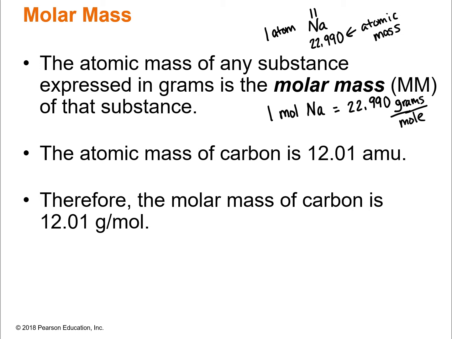That's molar mass. The other example I have on here is carbon. So if your atomic mass for carbon is 12.01, the molar mass of carbon is 12.01 grams per mole. Does that concept make sense of molar mass?